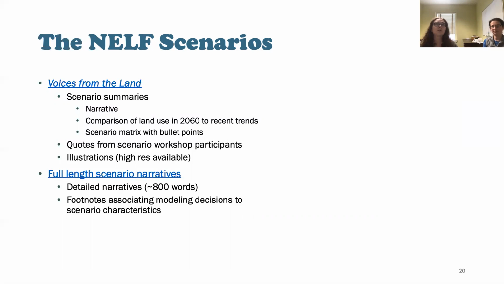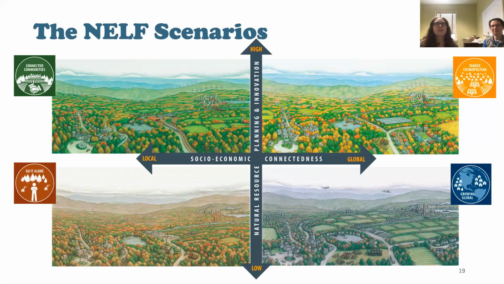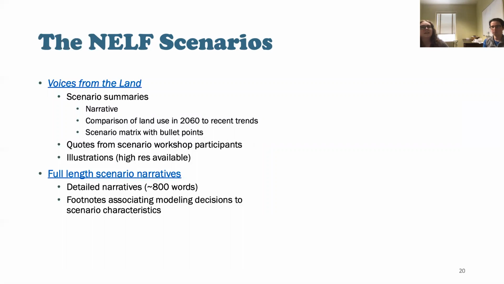It also has quotes from workshop participants that you might find useful for your project, and illustrations. They're also in Voices, and we can share those with people if you think that those would be something that could be useful for your proposal project.